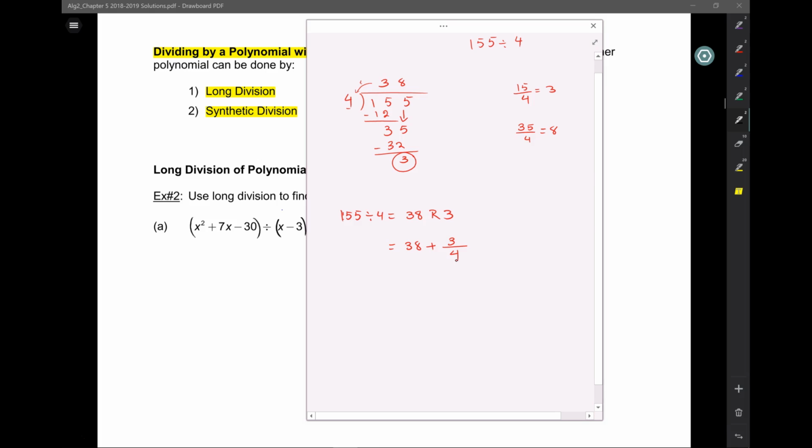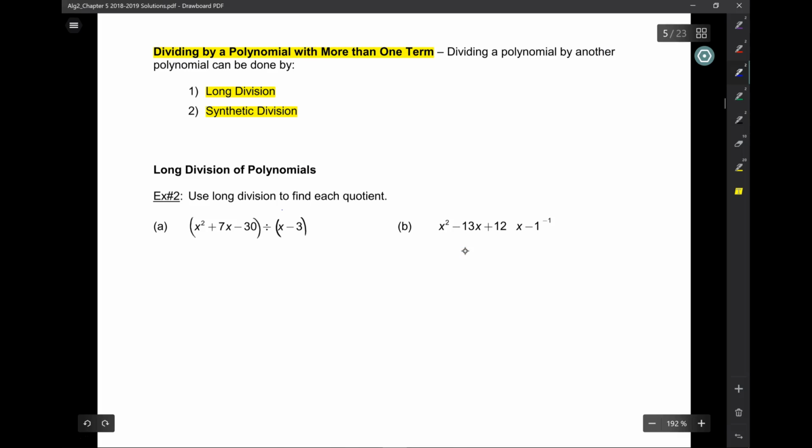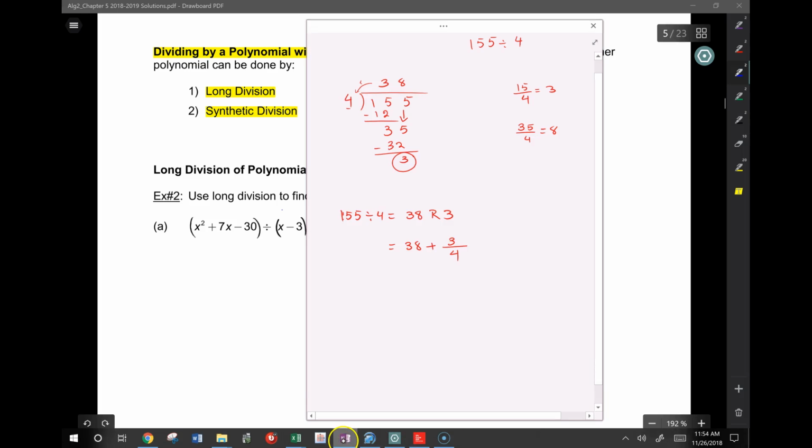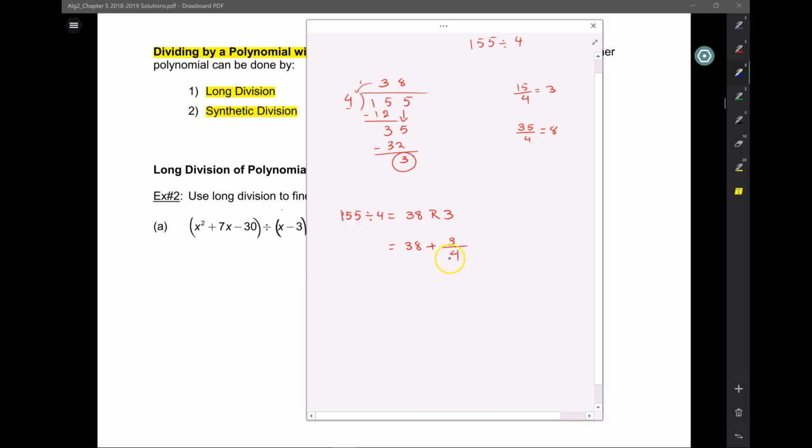Have you seen that one before? So it's 38 plus 3 over 4. We put the remainder over this number 4. Let's go over what we call all of these numbers. What do we call the 38? The quotient.